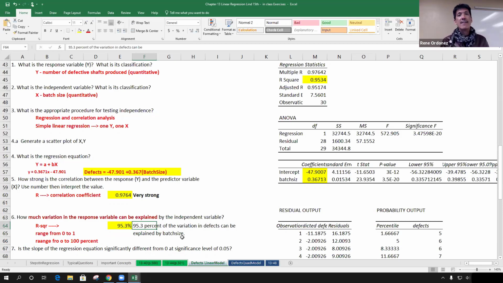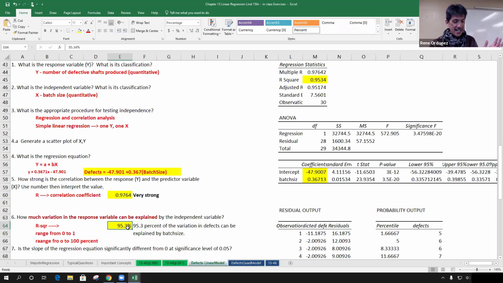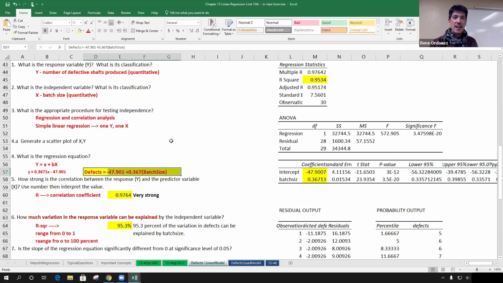About 4.7% of the variation in defect rate is not accounted for by batch size. So again, it tells us that this linear equation appears to be very good. Why? Well, the R value is close to 1, and the R squared value is close to 100%.